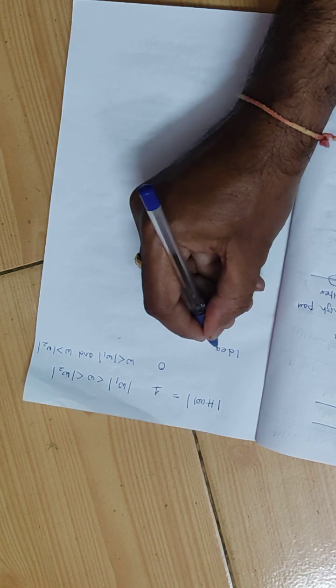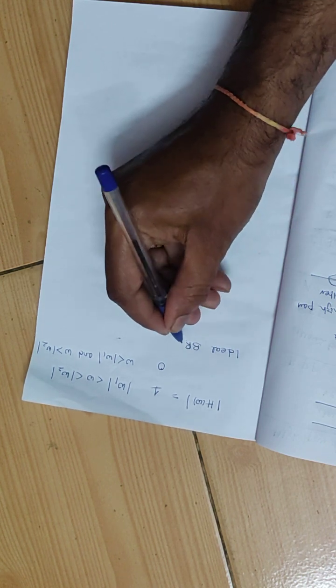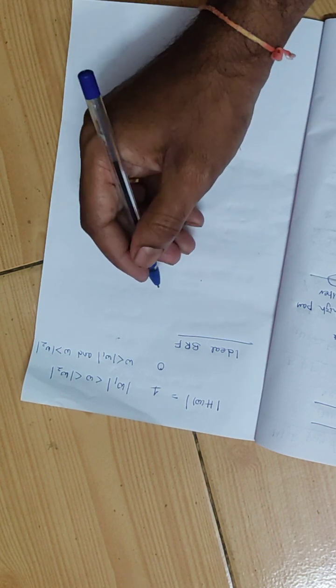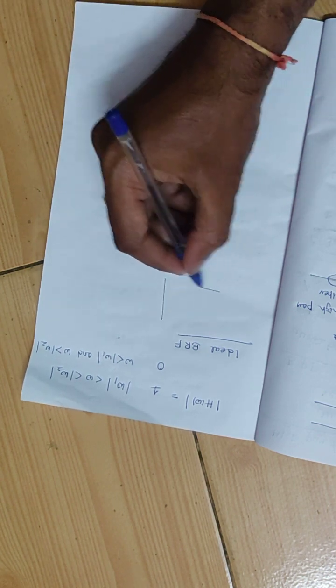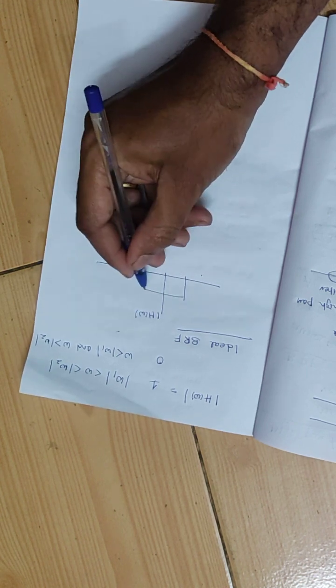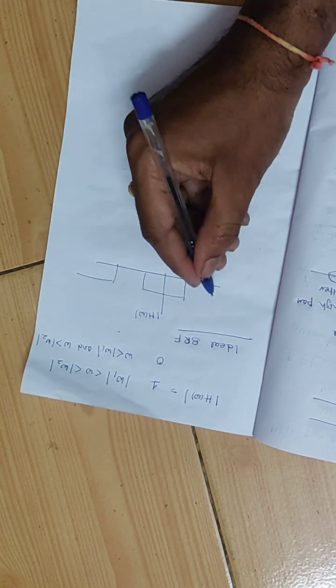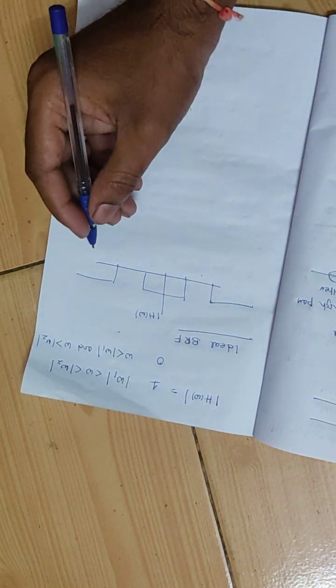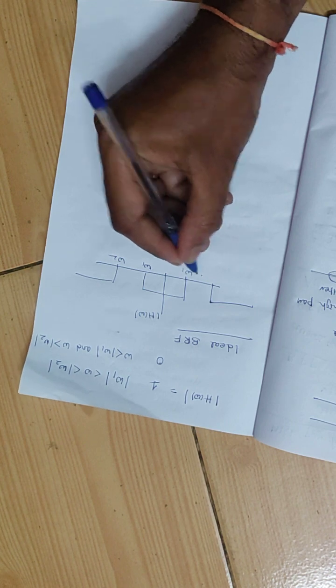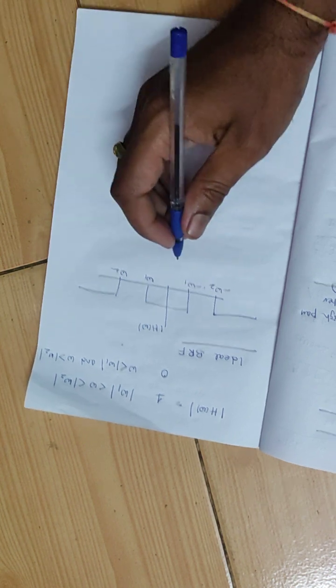Next we shall move on to the ideal band reject filter. For the ideal band reject filter, the frequency response h of omega is like this. This is omega 1, this is omega 2, this is minus omega 1, this is minus omega 2.